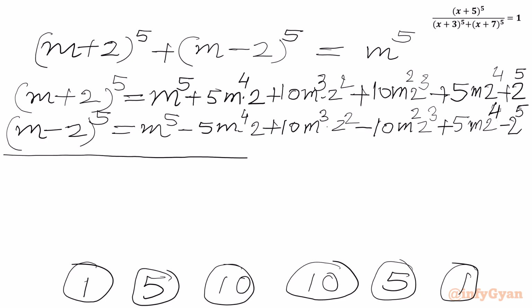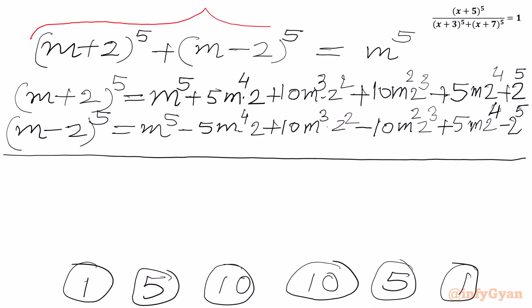Now we will add these two equations. So we can replace the LHS of our equation, (m+2)^5 plus (m-2)^5.